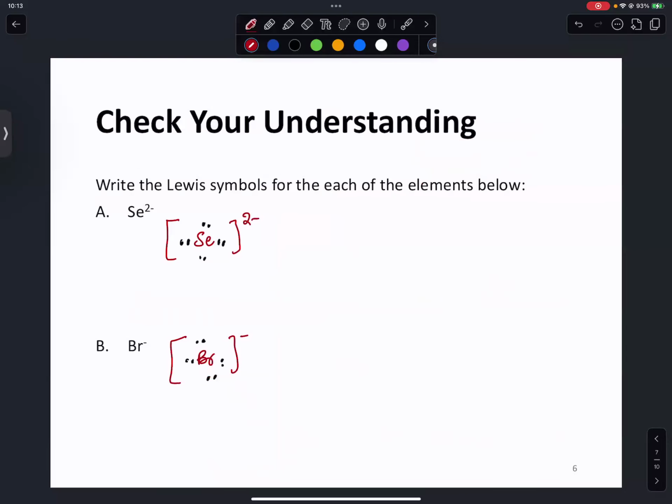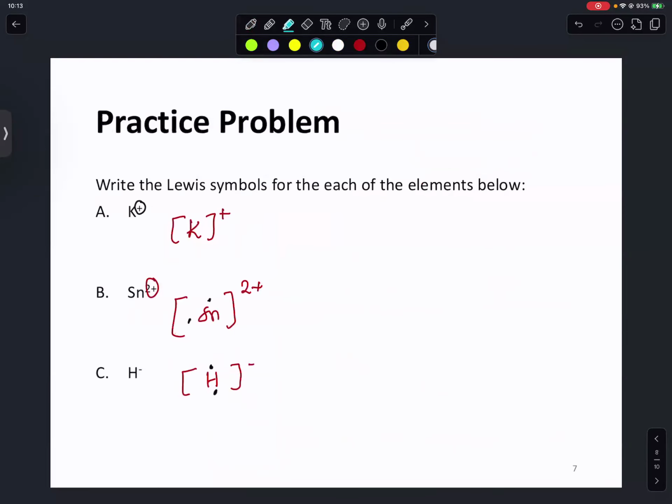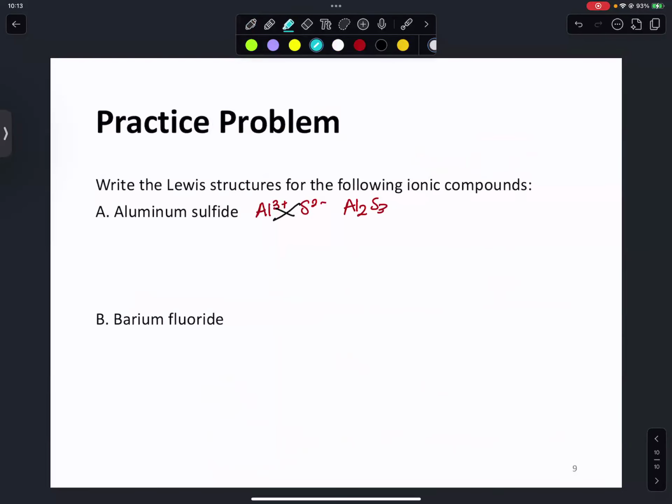Aluminum is in group 13. Let's double check. Yes, it is in group 13. Let's highlight it with a different color. Here, aluminum. So it has 3 valence electrons. Okay, so aluminum, the element. We're not ionizing it yet. Okay, and then aluminum, because we have 2 moles of it. So aluminum.